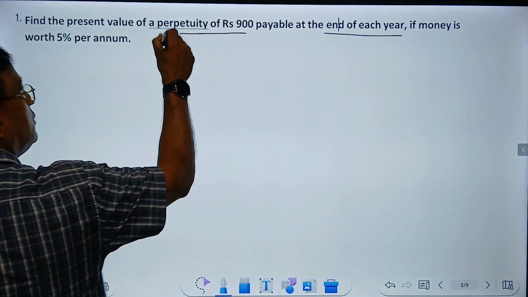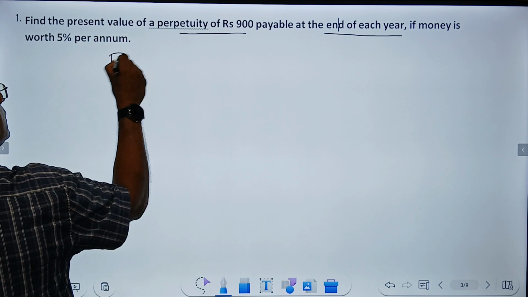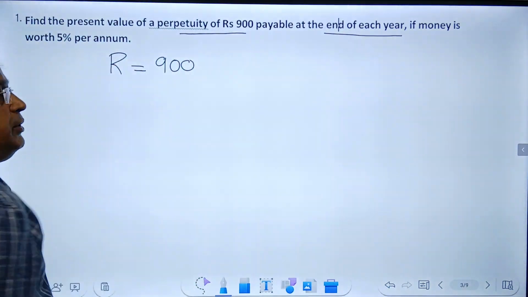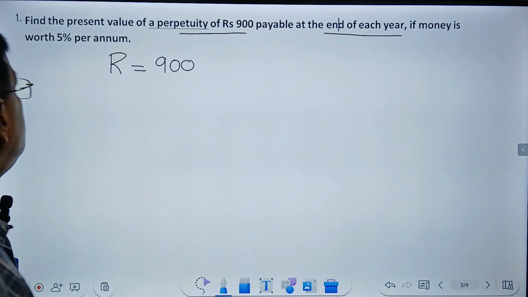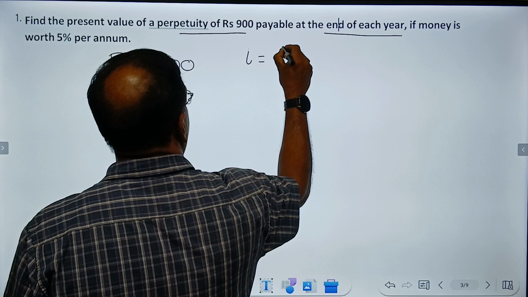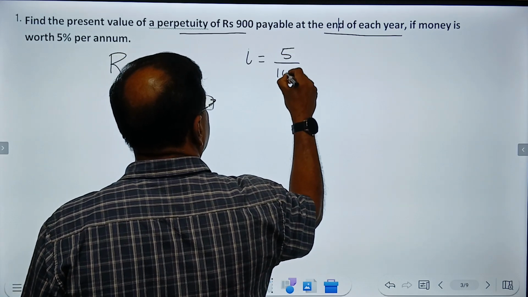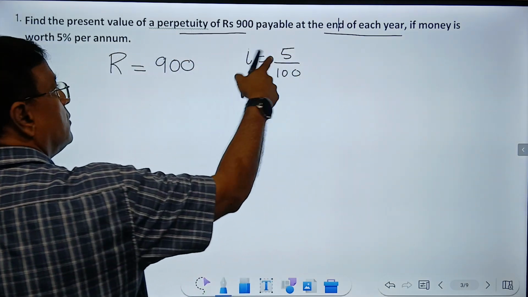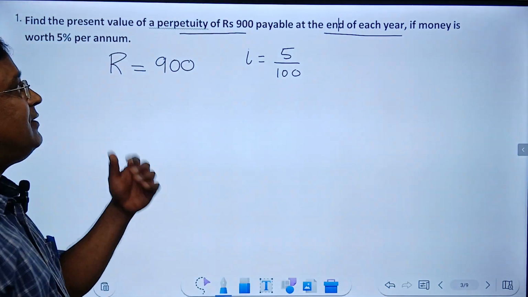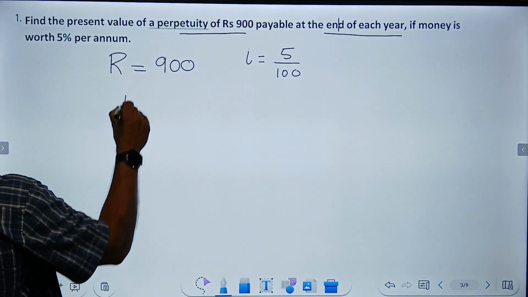Now what is the periodic payment? The periodic payment R is 900. Now what is the rate of interest? The rate of interest is 5%. Since it is annual, it is for 1 year, so I is 5 by 100. Since the payment is at the end, what is the formula for present value?